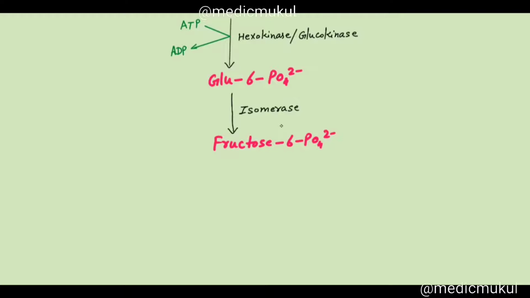This enzyme converts glucose into fructose, because glucose cannot diffuse easily. So this is our second step. This is just an isomerization, so no energy is required here.